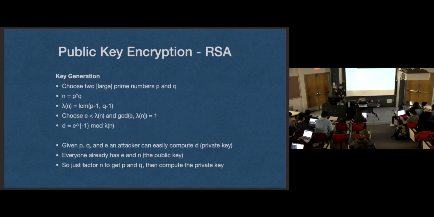Okay, another problem with this. This is all just math, right? We gave everybody E and N. So everybody has N. Everybody has E. With N, if they can factor this to figure out what P and Q are, they can compute lambda of N. They already have E, so now they can compute D, which is the private key.